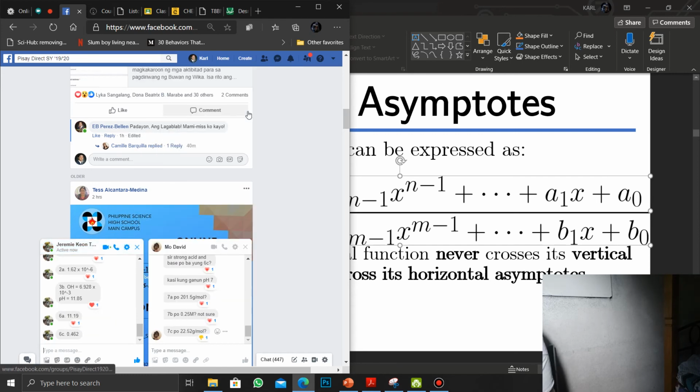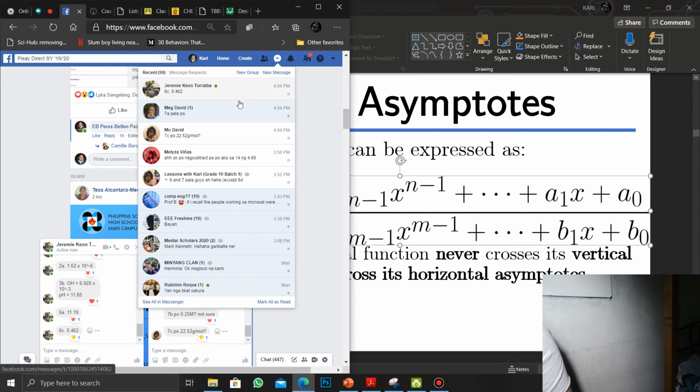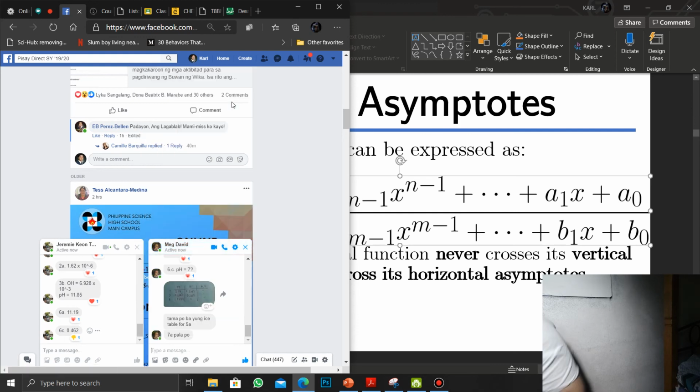Neutralization, M1V1 equals M2V2. Always that. No need for an ice table in 7, because when determining volumes, we have a shortcut, as I said before.